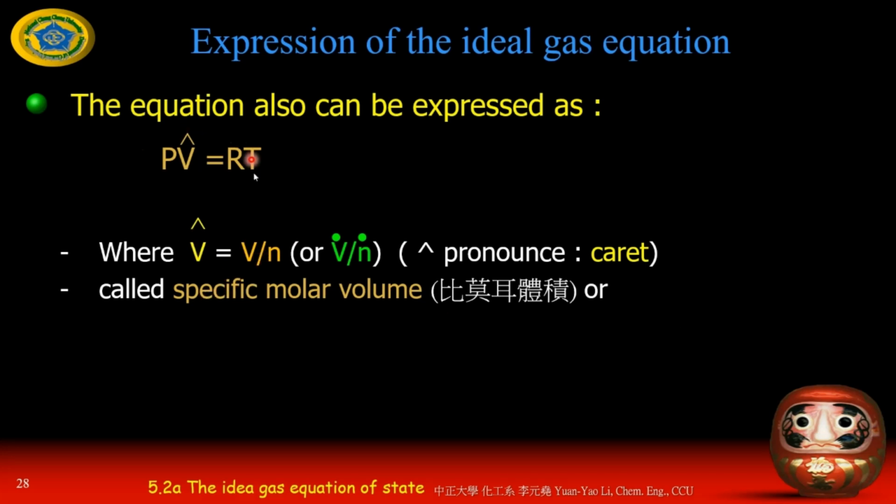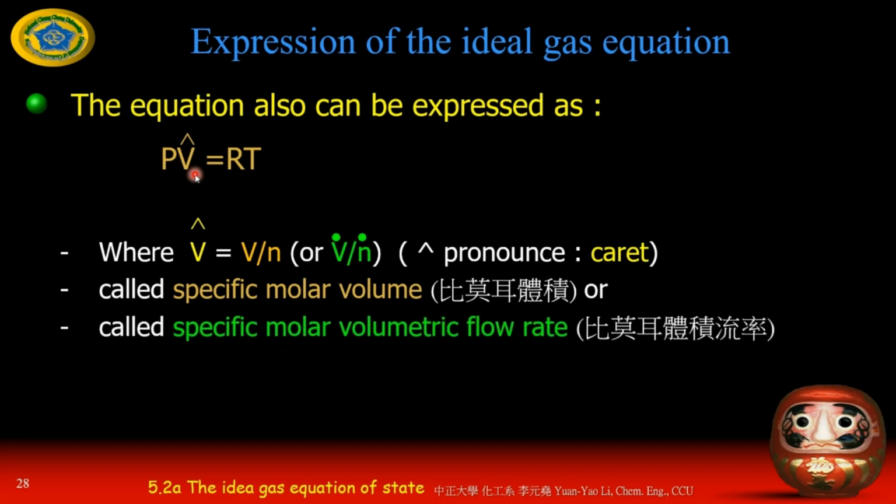You simplify PV equals nRT to become like this, and this makes sense and is easier to use, because V over n is volume per mole. Also, this is called the specific molar volumetric flow rate. If you have the dot over it here, that means the flow rate.